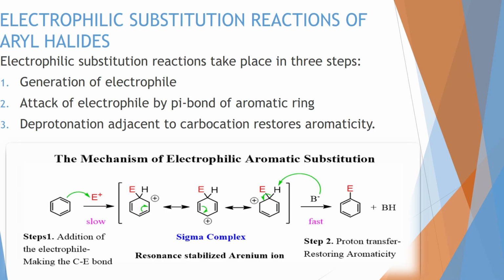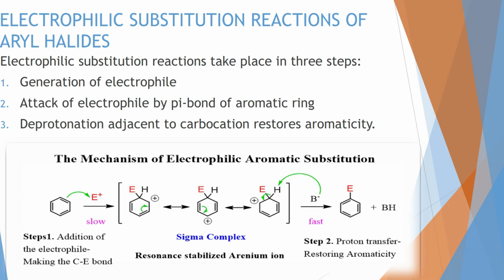As we all know, electrophiles are electron lovers. So, they get attracted towards the electron cloud of the benzene ring and the electrophilic reaction takes place easily. And as you have seen on the screen, the electrophilic substitution reaction takes place in 3 steps.